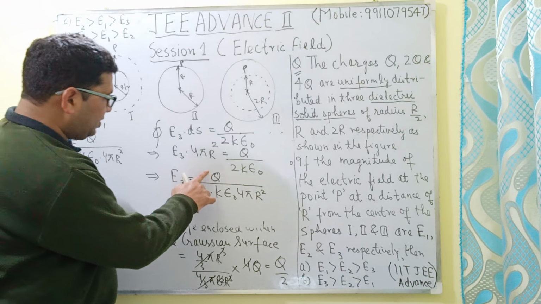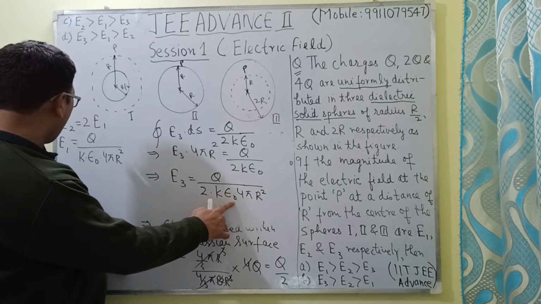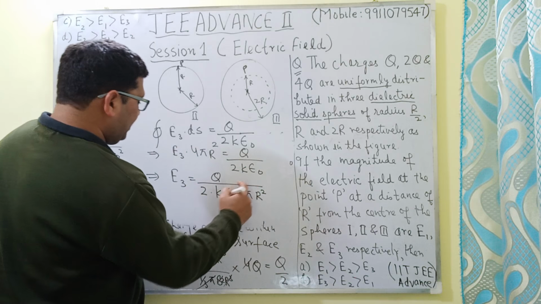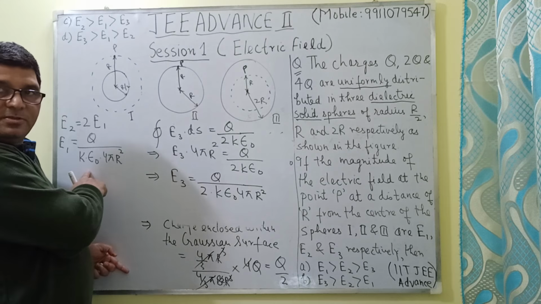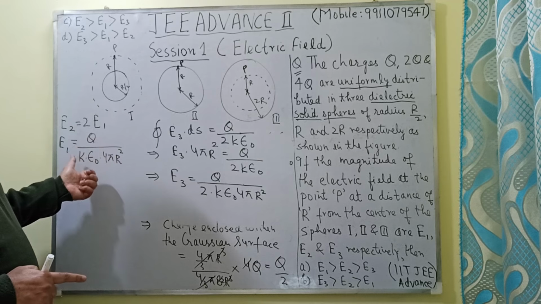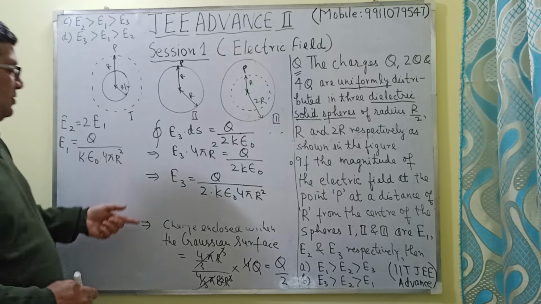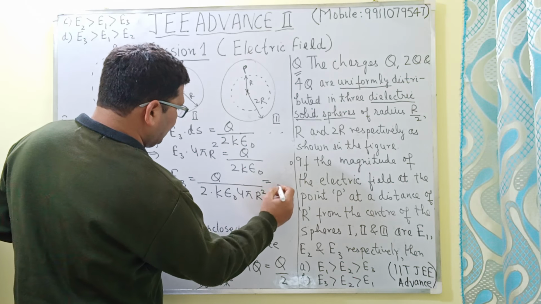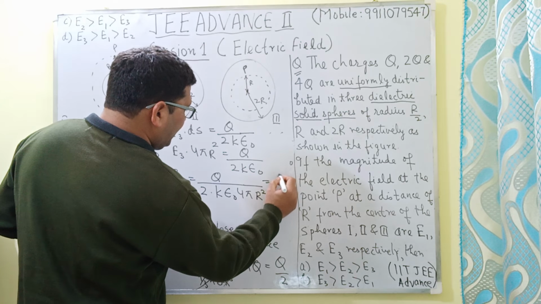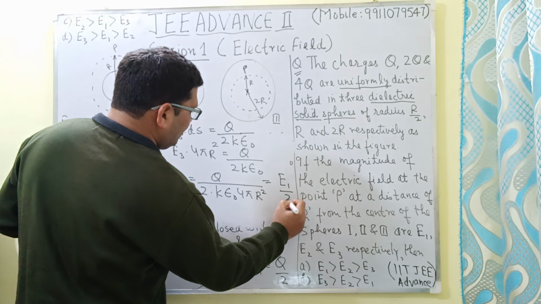Now this q divided by k epsilon naught 4 pi r square is E1, as E1 is equal to q divided by k epsilon naught 4 pi r square. So this E3 will be equal to E1 divided by 2.